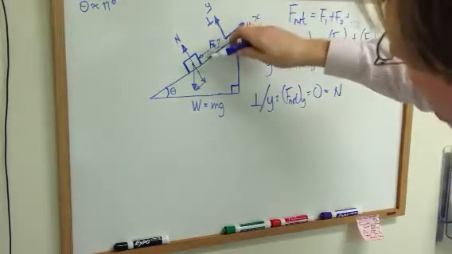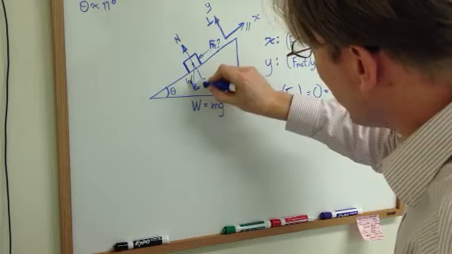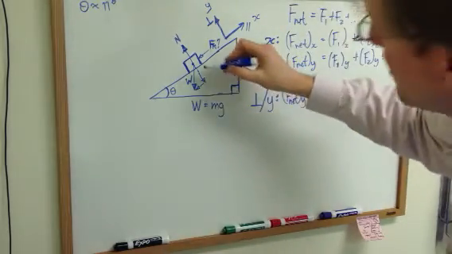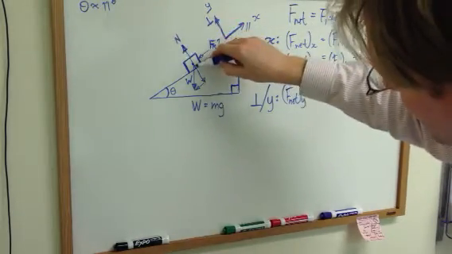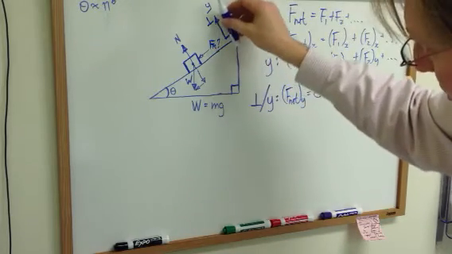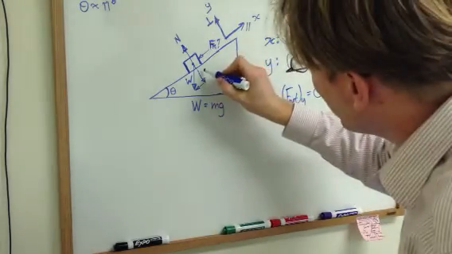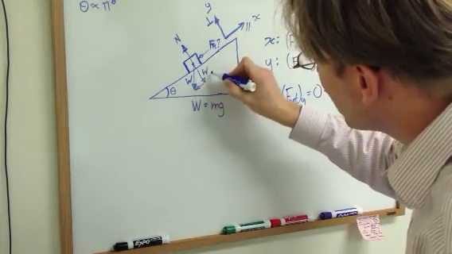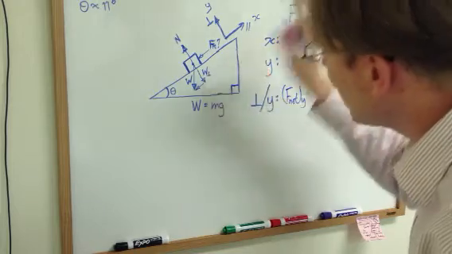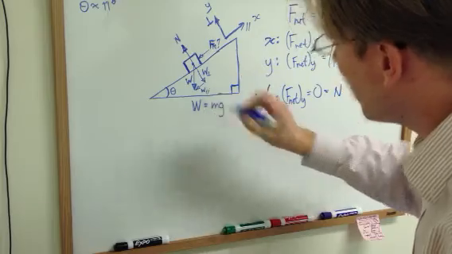So what have I done? I've broken up my weight vector into a portion that is perpendicular to the slope, parallel to this perpendicular axis, and I'm going to label this component the perpendicular weight, and I'm going to label this component the parallel weight.